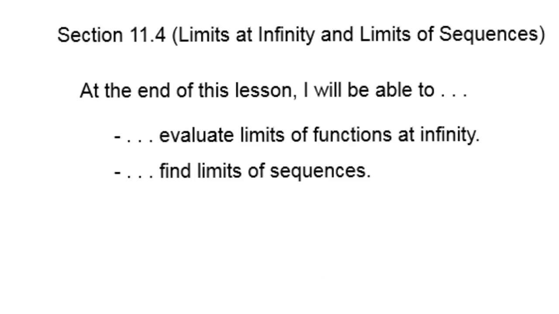So, at the outset, we told ourselves that we would be able to find the limits of functions at infinity, or more specifically, the limits of functions as the variable x approached infinity, and we could also find the limits of sequences, again, as the variable, in this case n, approaches infinity.